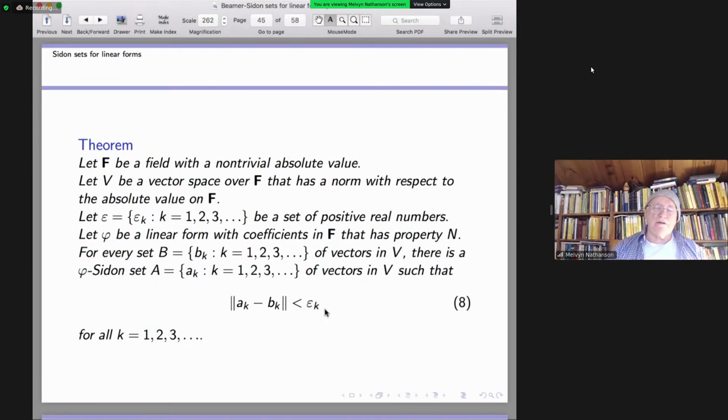So this says something about the ubiquity of Sidon sets: you take any sequence whatsoever, and you can find this tiny little perturbation of B that gives you a Sidon set. Right, so AK minus BK is less than epsilon k for all k. The BK, you can choose them in any stupid way you like, but no matter how badly you choose the BK, there's always some tiny perturbation that gives you a Sidon set.